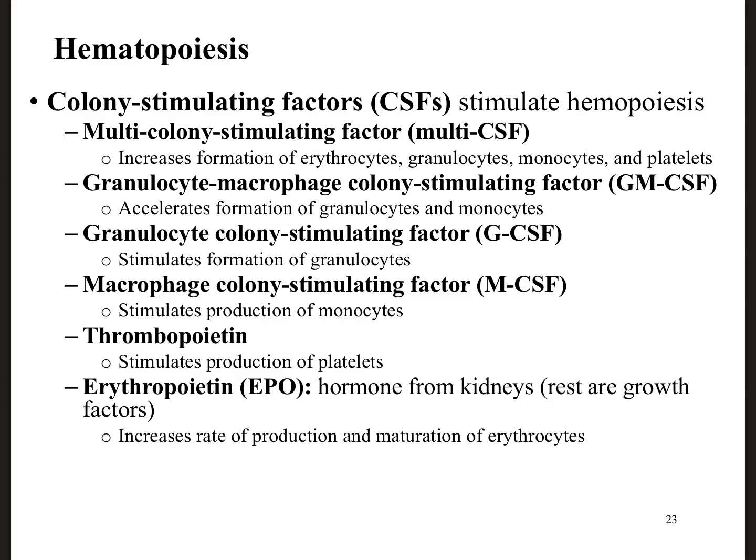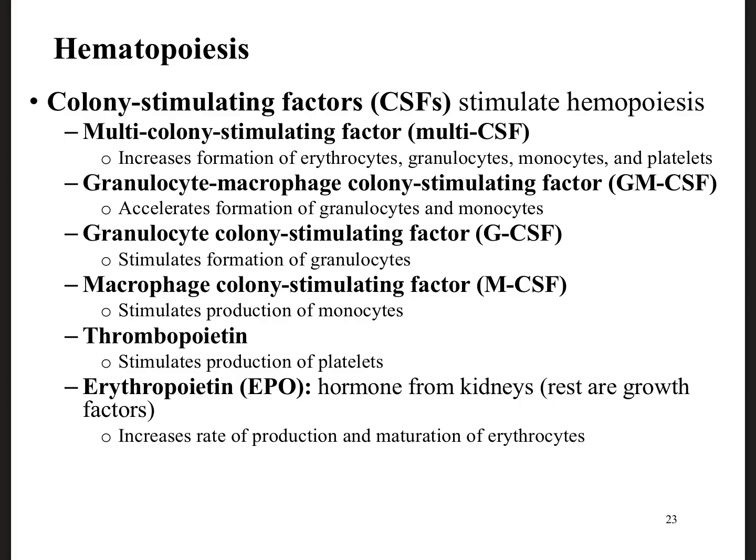If you have a macrophage colony stimulating factor, that stimulates the precursor cell to differentiate into a macrophage. Clear? But again, I'm not going to ask you what a granulocyte colony stimulating factor does.